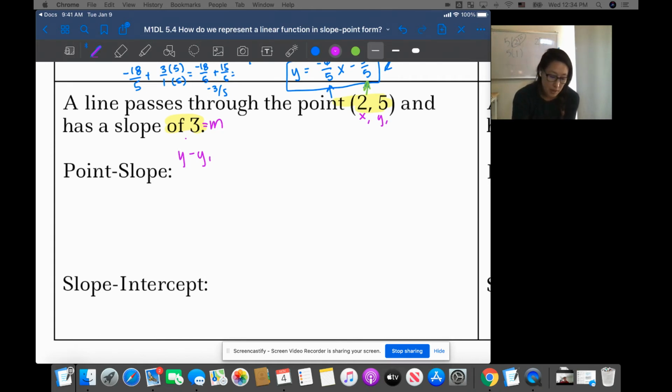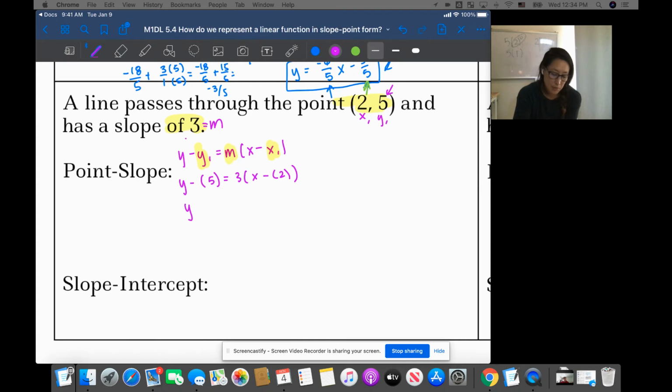Okay, so I have all the information I need to be able to write the equation of a line. So y minus y1 is equal to the slope times x minus x1. Okay, remember we replace only the y1, x1, and the slope. So y1 is 5. So y minus 5 is equal to, the slope is 3, times x minus 2.